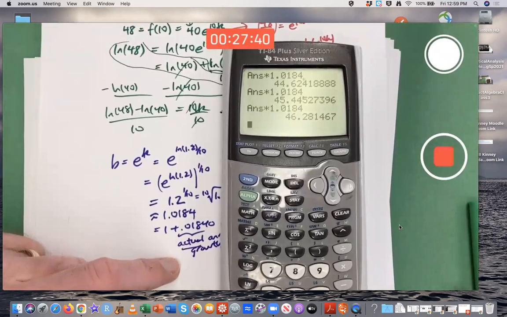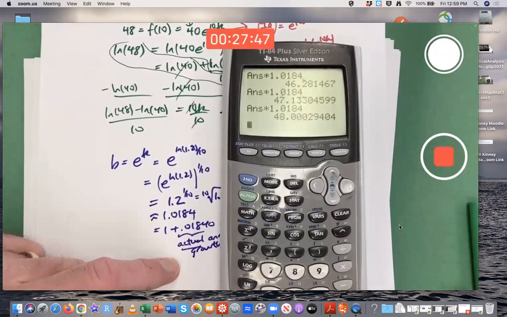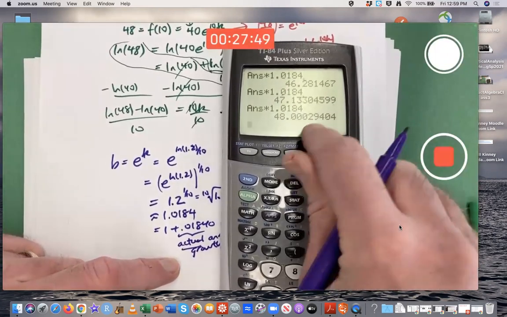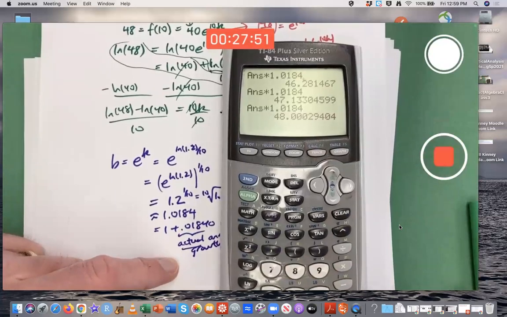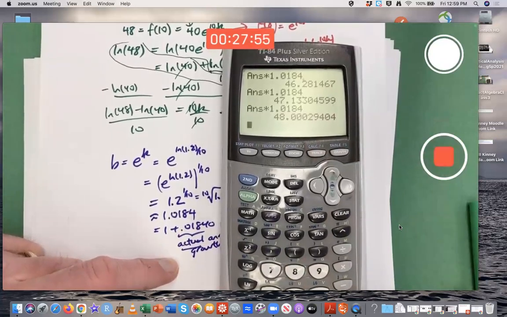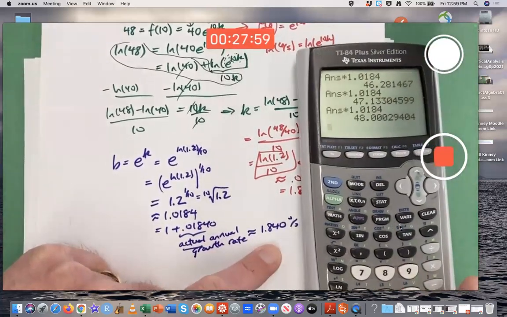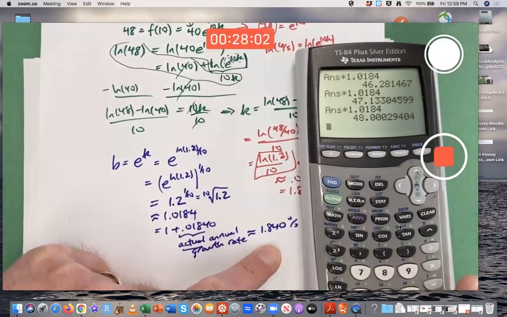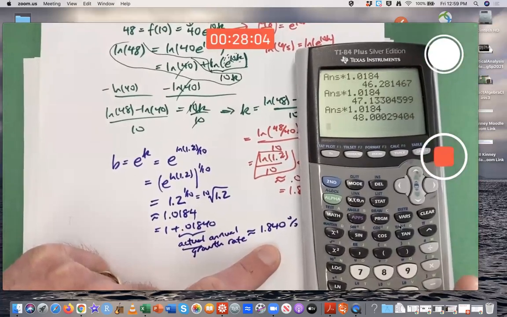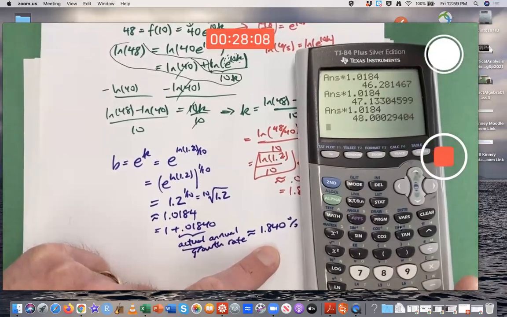Sorry, I meant to go to 2010. 2009, here we go. And 2010, yeah, 48 million. Off a little bit because I rounded. So if the population truly grows by 1.84% every year, then those are the populations in all the intermediate years. Of course, it's not going to do that exactly. These are always approximations.